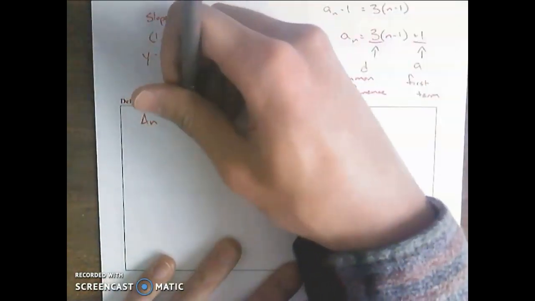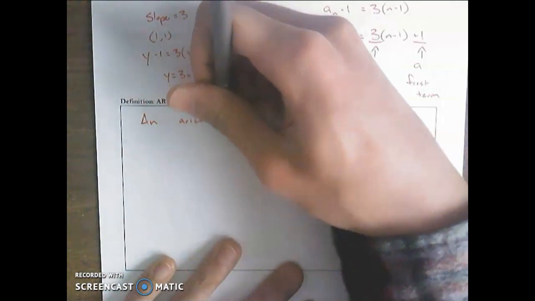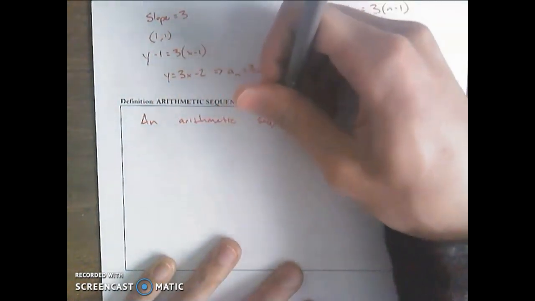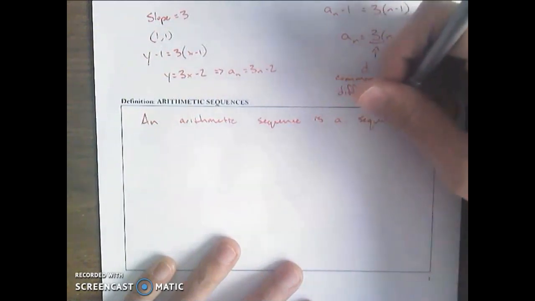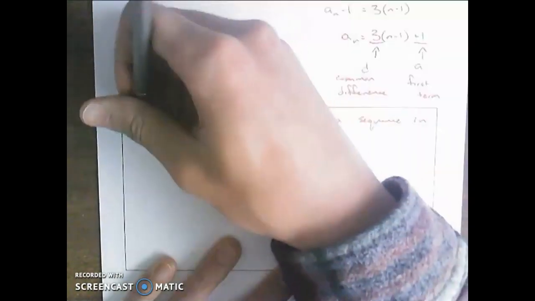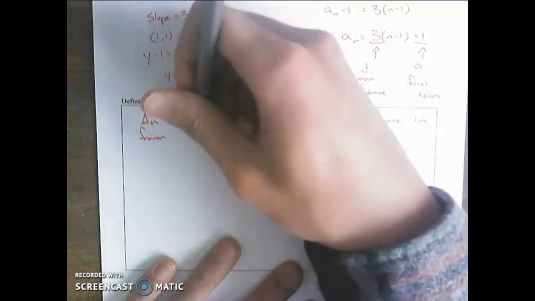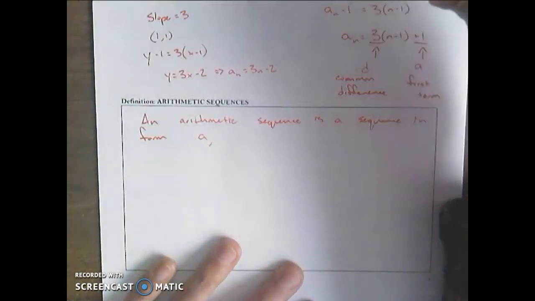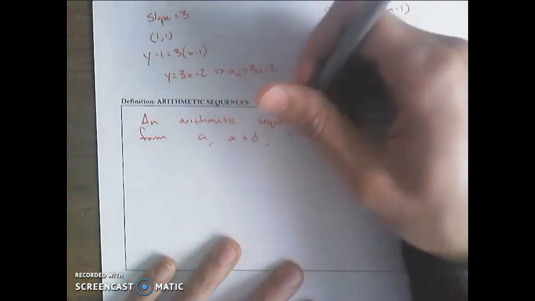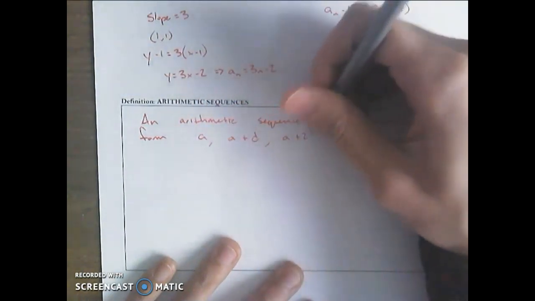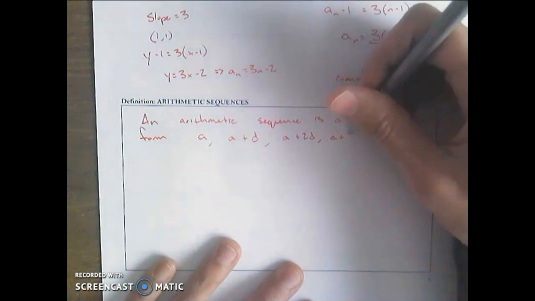An arithmetic sequence is a sequence in the form a, that's the first term. The second term is a plus d. The third term is a plus 2d, a plus 3d, and so on.